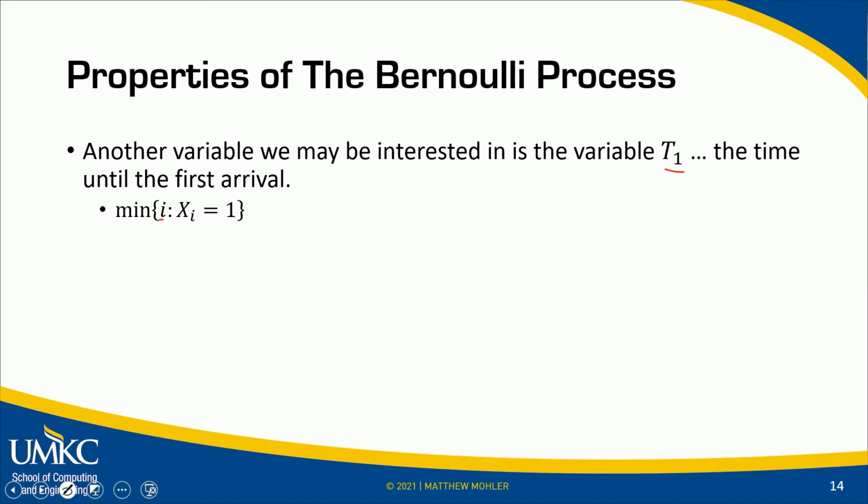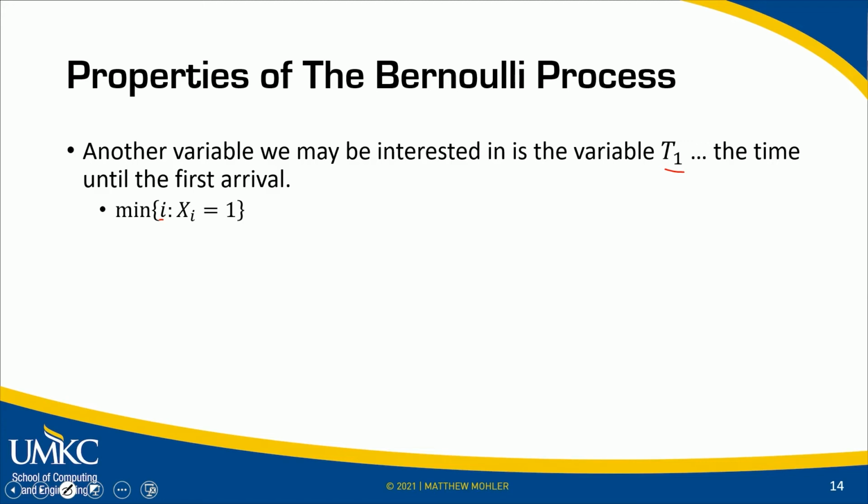This is using that second approach to stochastic processes that we looked at, where the sample space is all possible sets as an outcome, and we're asking what is the minimum i that gives us x sub i equal to 1. Again, just the time until our first success.